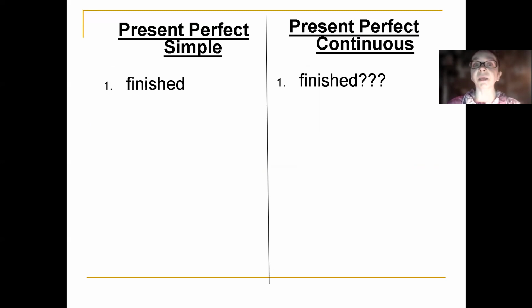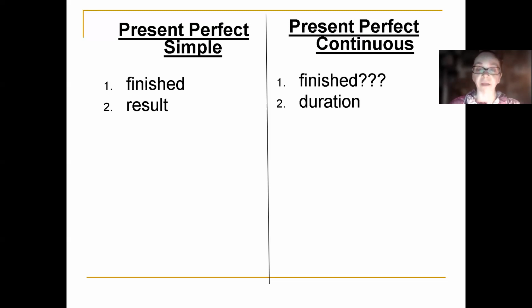I have been cooking paella for 3 hours. It doesn't mean the paella is ready yet. Another difference is that in present perfect simple, we concentrate on result. I have done my homework. You can check it. I have cooked soup. You can try it. I have fed the dog.